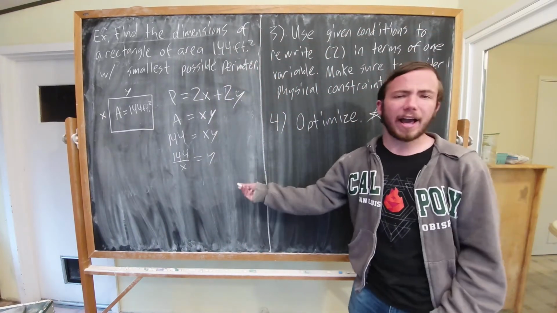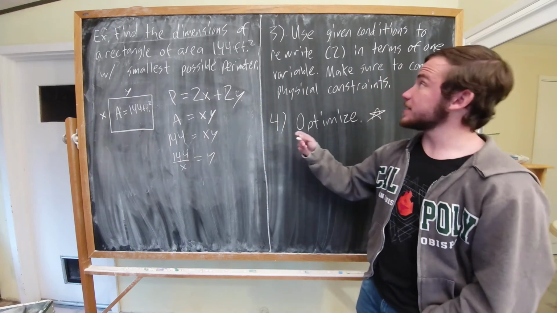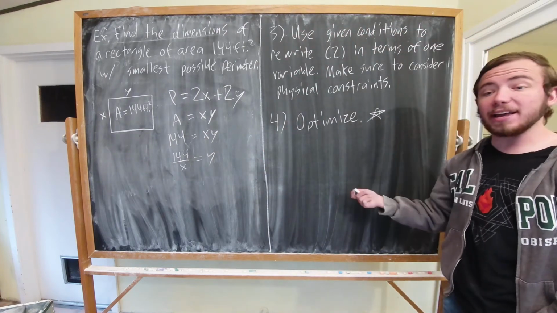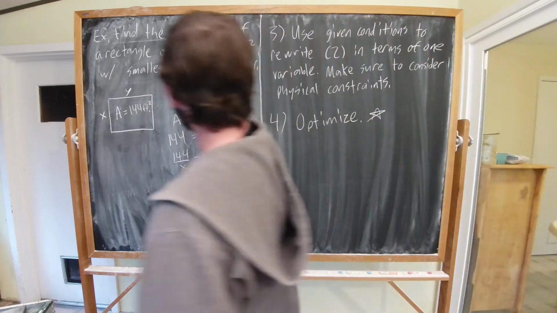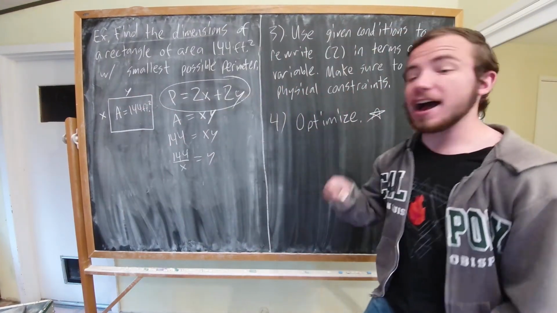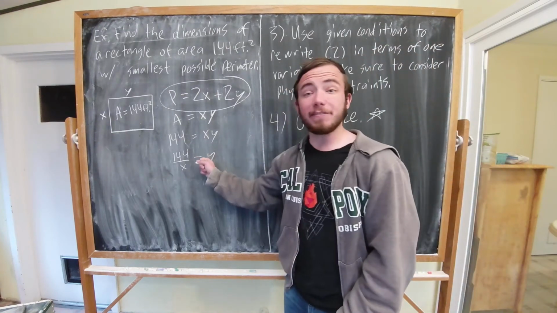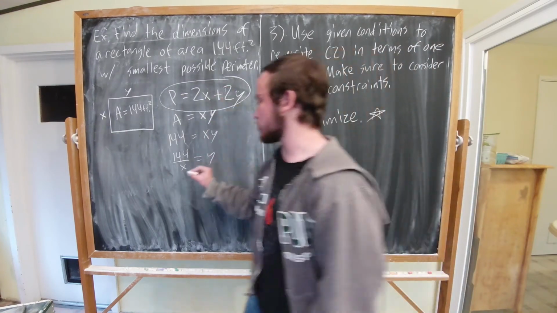Why go and do that? Because it allows us to, in step 3, rewrite this expression, which is in terms of two variables, as just a function of one variable. Let's plug our definition for y into this equation.